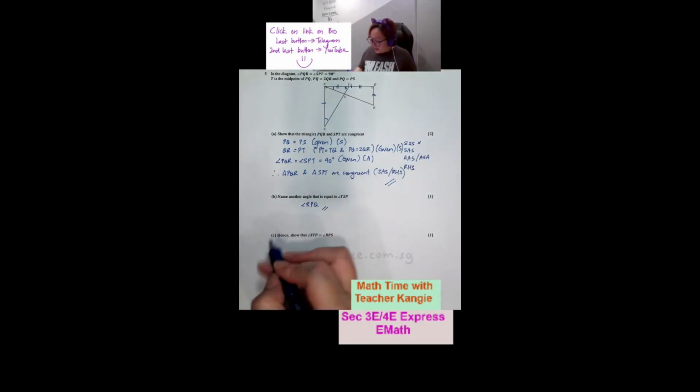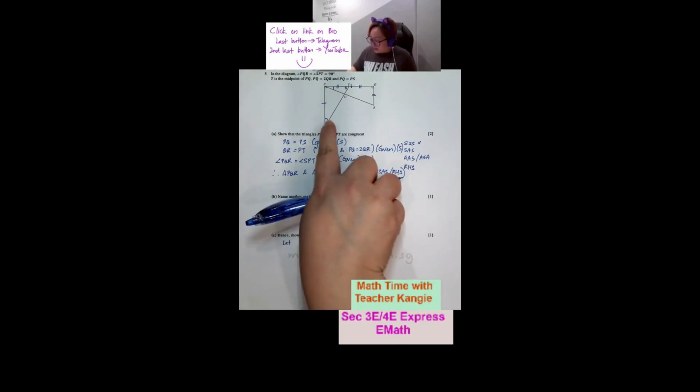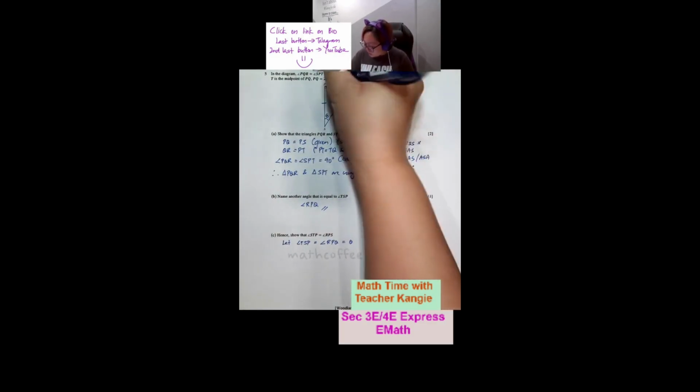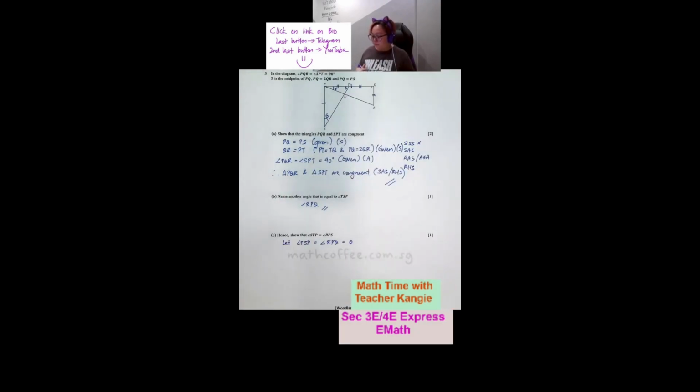It will be easier if I let angle TSP equal angle RPQ. This is actually this, and I let it equal to theta. It will be easier when I label it as theta. So this is theta, this is also theta.